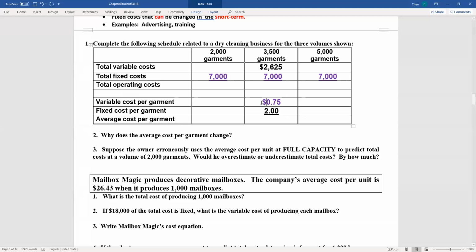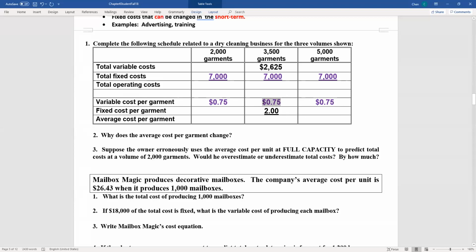And we know that variable cost per unit will stay constant. Then we can fill in all these cells with 0.75.